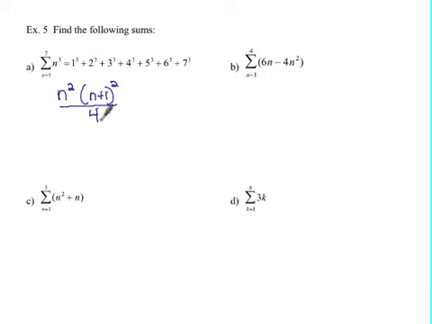And n is how many, starting with 1 up to n. So what am I going to plug in for n here? 7. So this will be 7 squared times. Now what would I put in for n plus 1? 8. And you can definitely use your calculator here. So let's do 7 squared times 8 squared divided by 4.